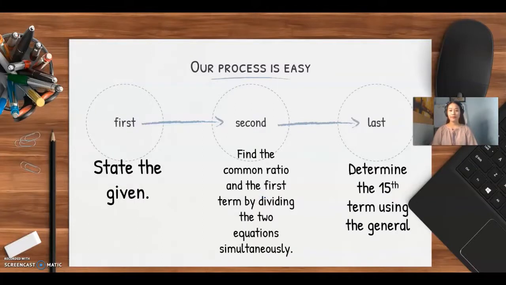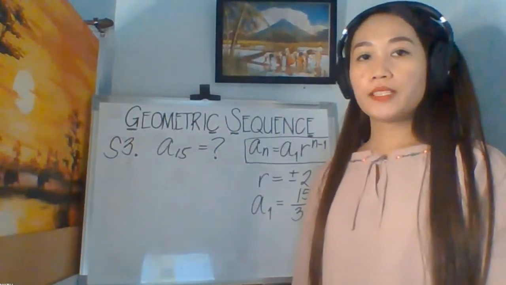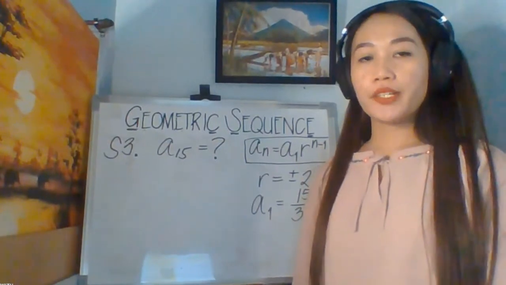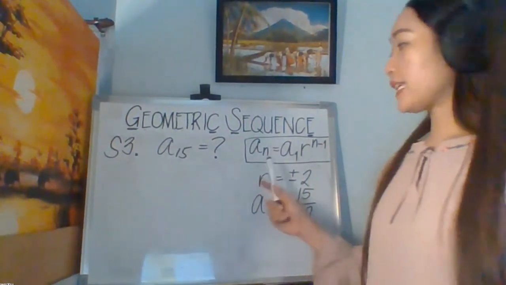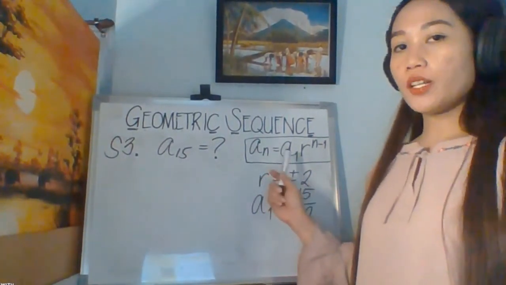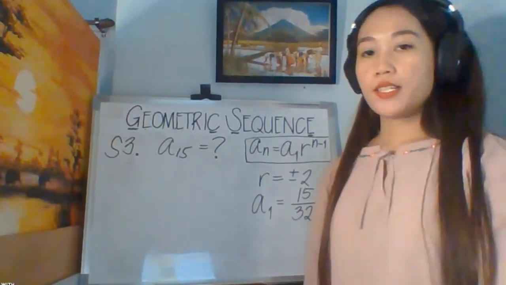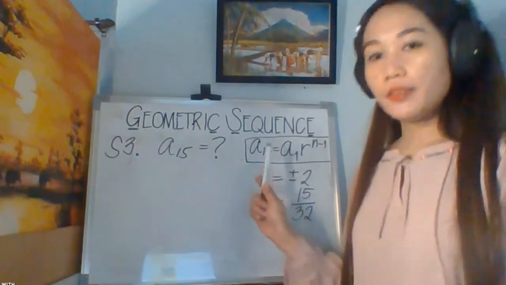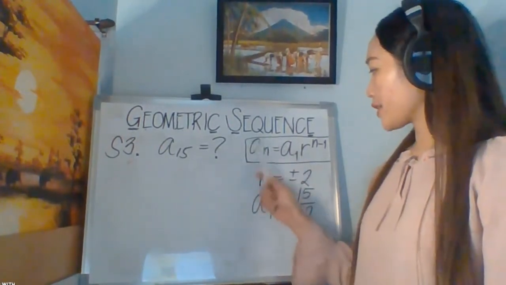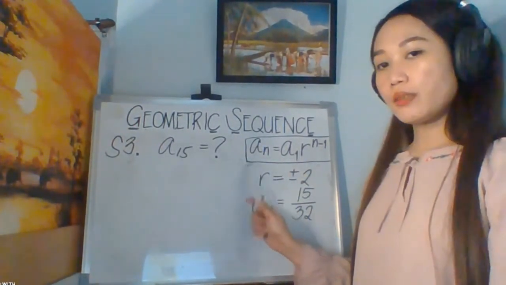Last, determine the 15th term using the general rule. For step 3, we will determine the 15th term using the general rule: a sub n equals a sub 1 multiplied by r raised to n minus 1. Before we use this formula, we need to find what values we are going to substitute.